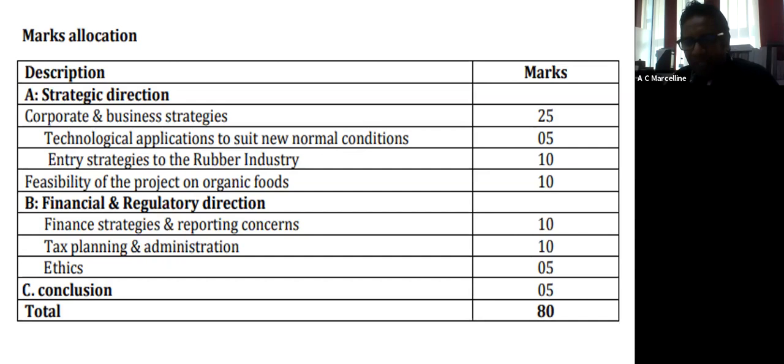For example, on the ethical perspective, we saw the rubber plantation is shrinking because the land is lost to other economic activities. Now, one of the areas here, you can see, is feasibility of the project on organic food. So that means the directors are looking at going into that organic food manufacturing market.